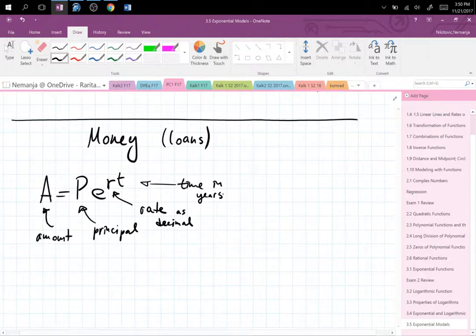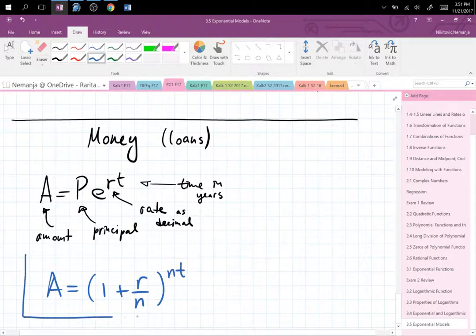So this over here is continuous compounding, and we'll talk about that. You all know about the interest and stuff, so that's what we're talking about. But the one formula, which you've probably seen already a few times in your homework and were wondering what is going on, is the amount is equal to 1 plus r over n to the nt. This is called the compounding formula.